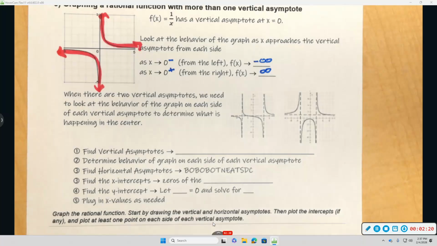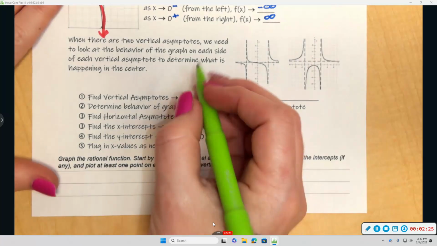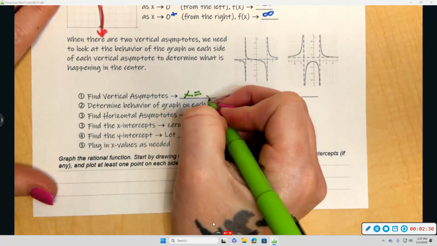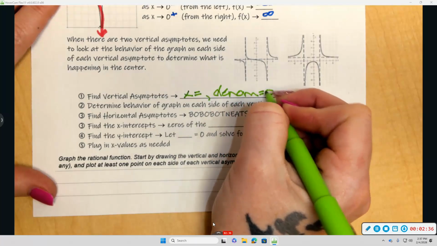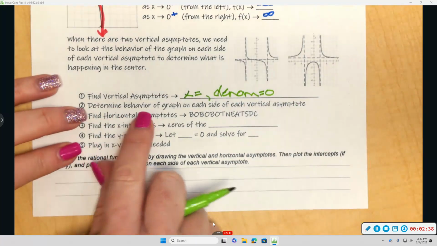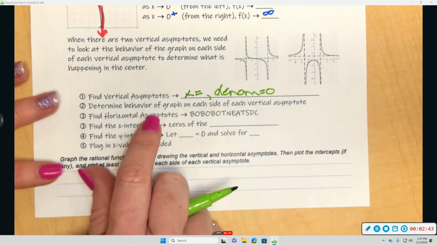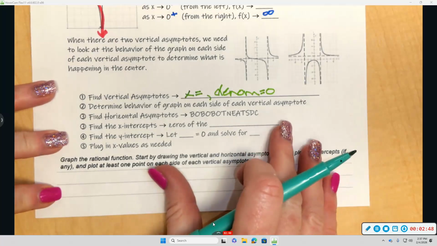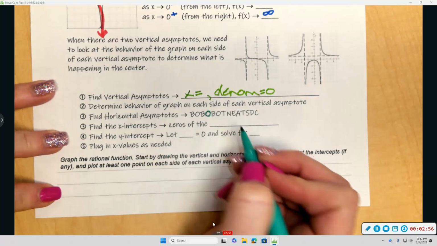To graph these, the first thing we're going to do is find our vertical asymptotes, which are x equals whatever happens when we set the denominator equal to 0. Then we're going to determine the behavior of the graph on each side of each of those vertical asymptotes. Then we're going to find the horizontal asymptotes using our mnemonic, Bobo Botan eats DC. If the power of x is bigger on the bottom, it's y equals 0.